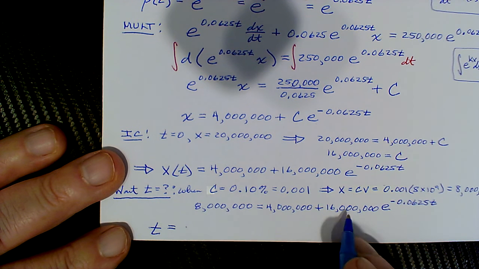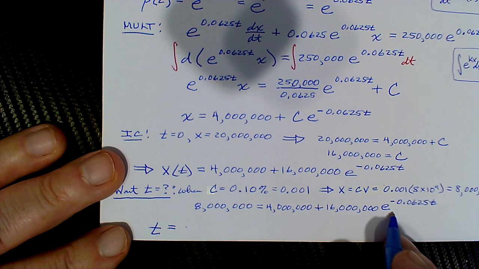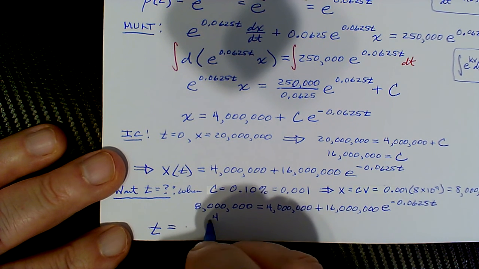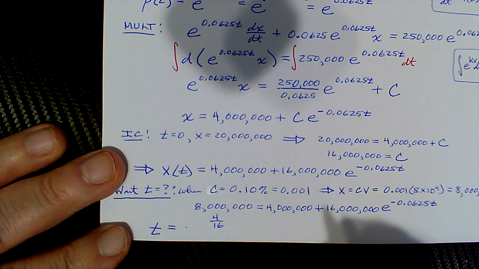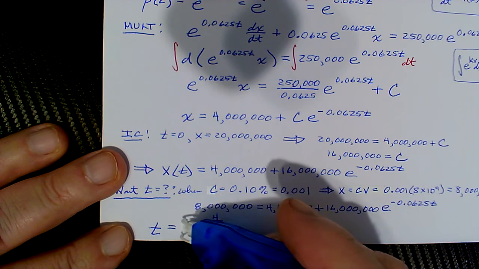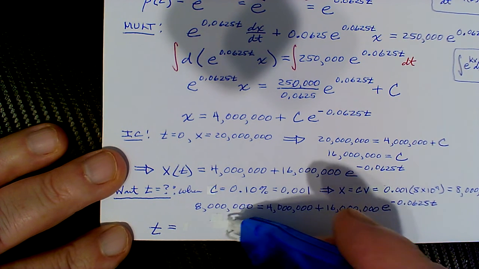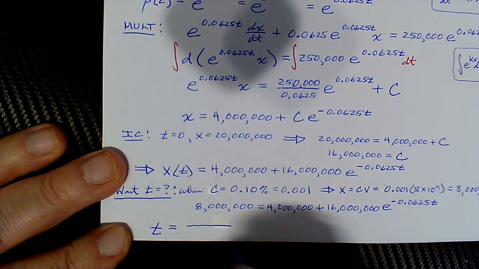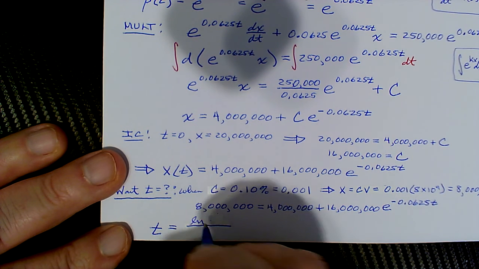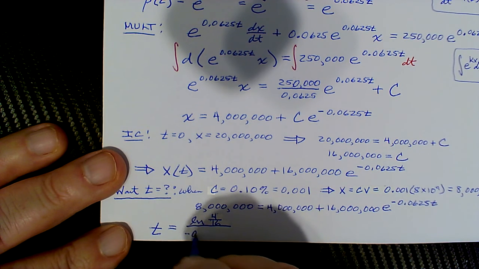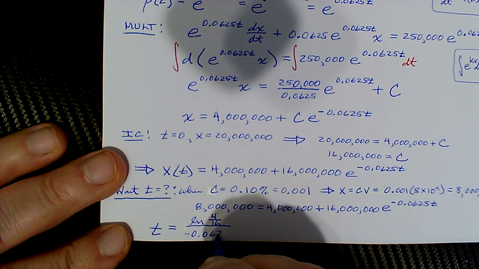We're going to divide by the 16 million to isolate the e, and cancel out the millions, basically getting 4 over 16. Then to undo the e, we take the natural log of that, and ultimately divide by the negative 0.0625.